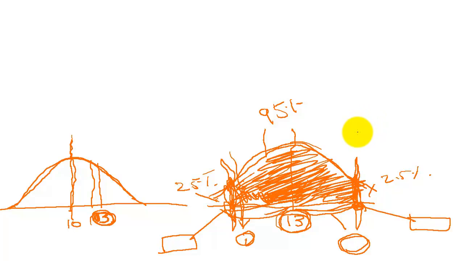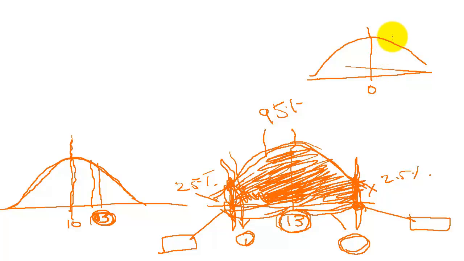Actually, we do it. Why is that? Because think about the t distribution. It's like 0 is in the middle, and standard deviation is always 1, right? And the critical value is here.